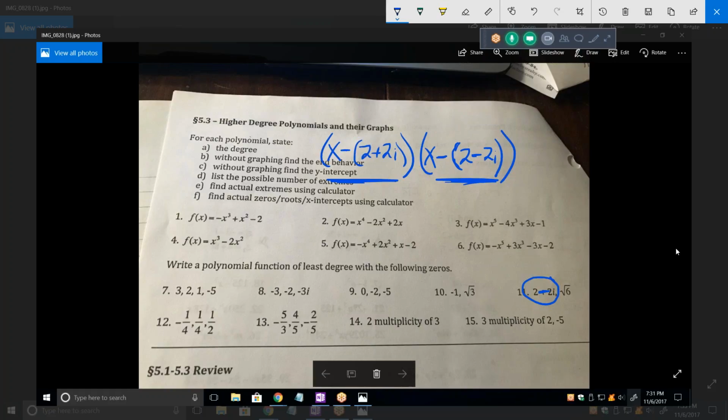In other words, we have x minus one of the solutions and x minus the other imaginary solution. But when I remove the inside parentheses, it looks like I'm just doing this, which is what somebody would put if they didn't use the inside parentheses.